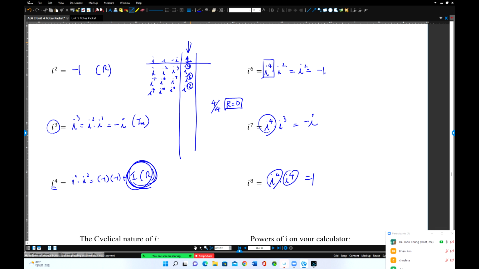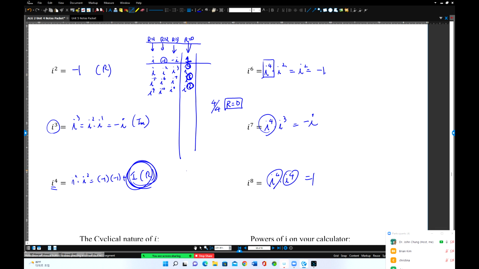When you divide it by 4 and the remainder is 1, this means 1i. If the remainder is 2, always negative 1. If you got remainder 3, always negative i. Remainder 0, always equals 1. Okay, you can use this formula too, or if the exponent is a multiple of 4, always 1. You can use this one too.